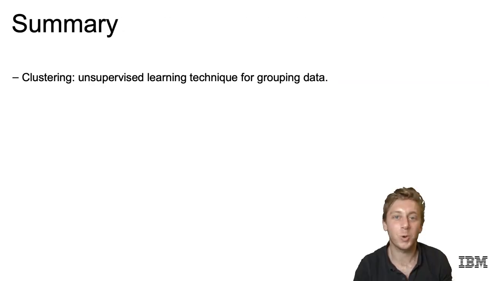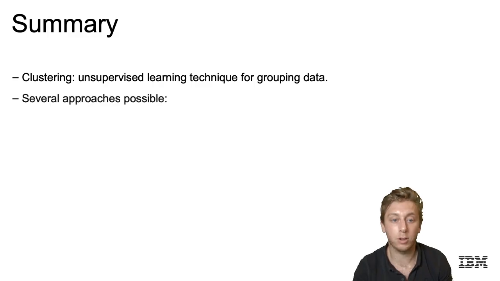So just to quickly summarize, what we went through here were different clustering techniques, where clustering is just unsupervised learning, meaning we don't have labels, but we can come up with groupings of our data to see if there's different segments of our data that can be clumped together.